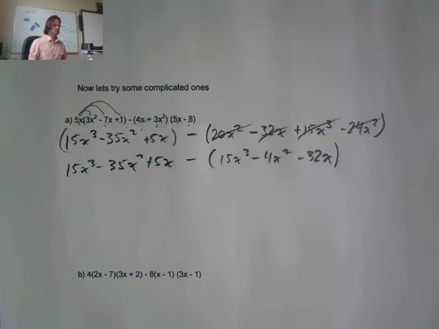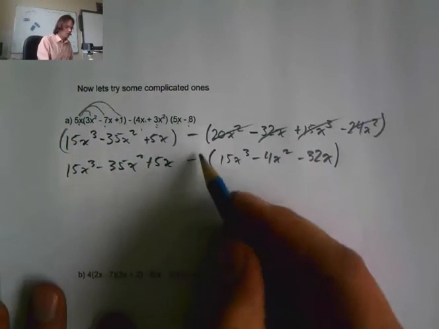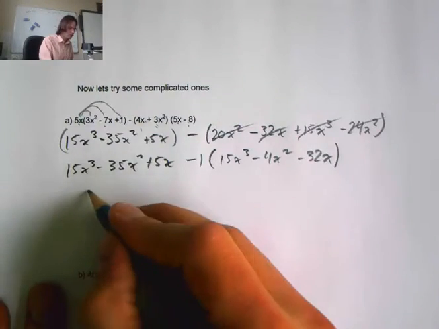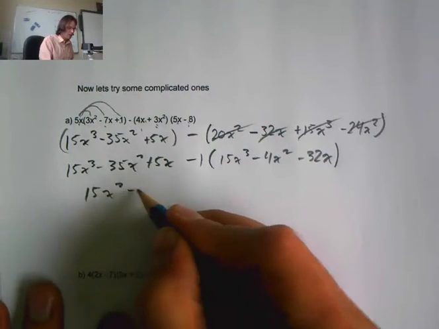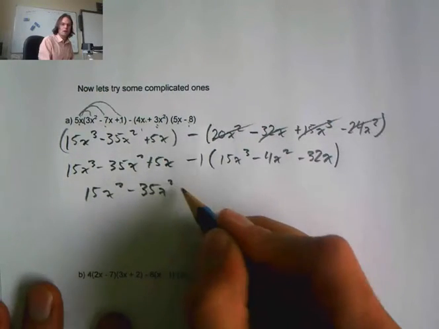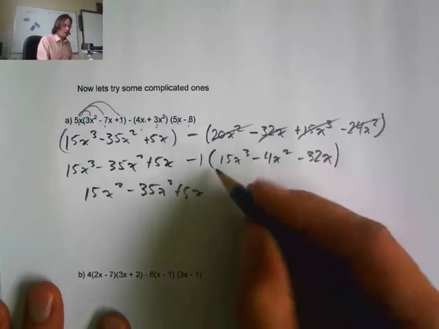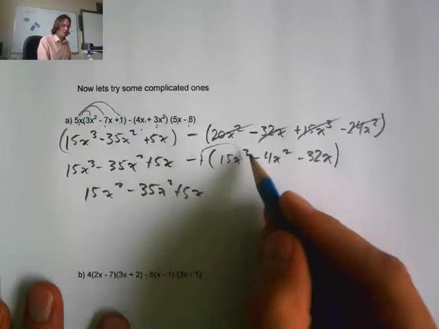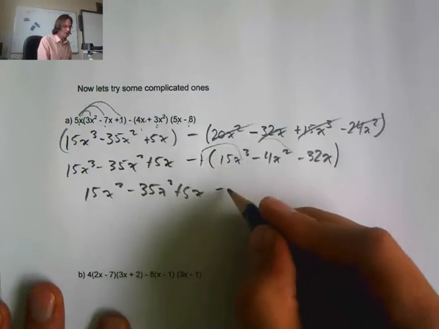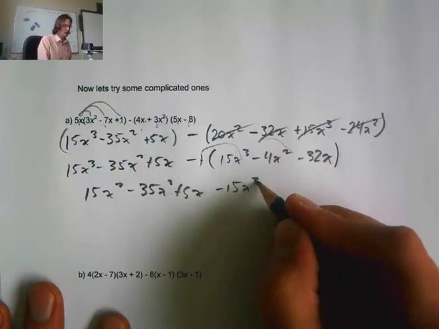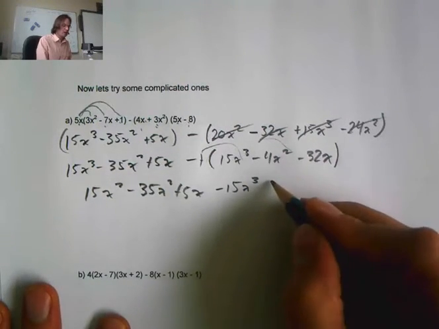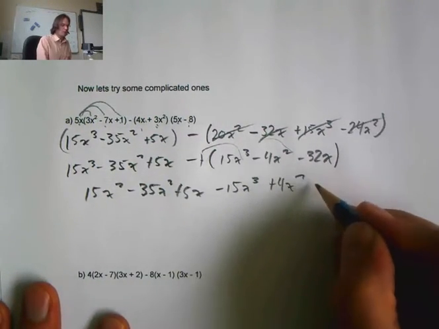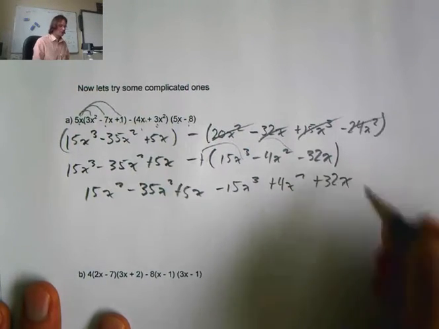Okay, so now there's a negative 1 there that we have to multiply in, so I'm still left with 15x cubed minus 35x squared plus 5x. Now this negative 1 must be multiplied into everything, because remember it's negative 1, so negative 15x cubed, so it's just changing signs, and I have plus 4x squared plus 32x.